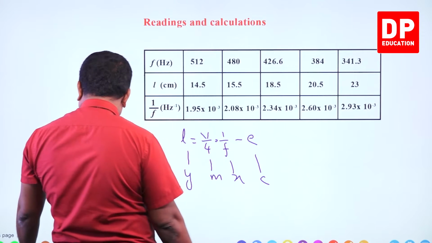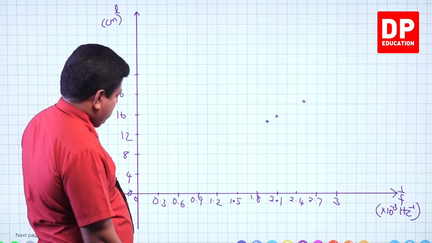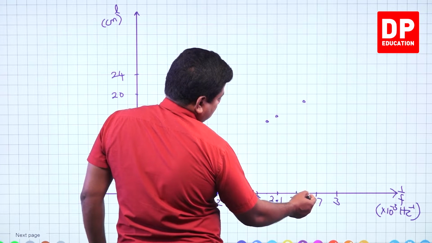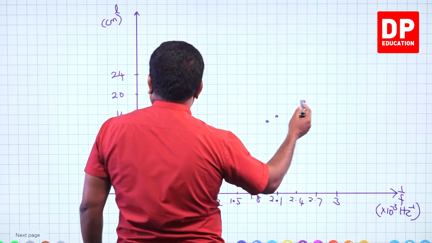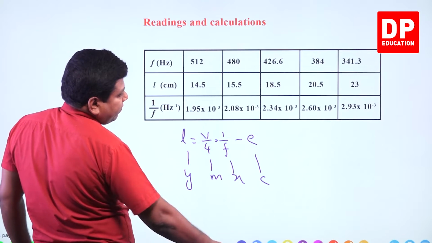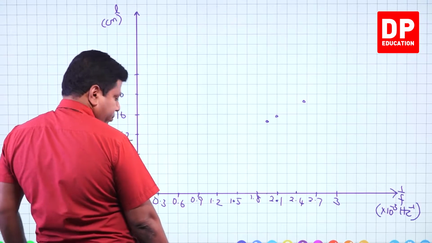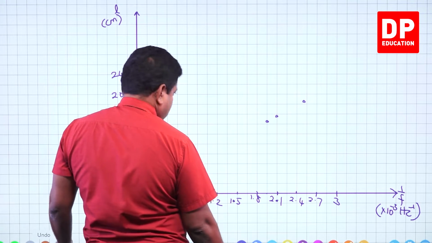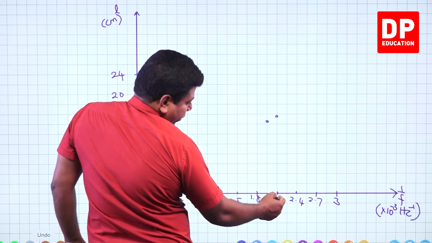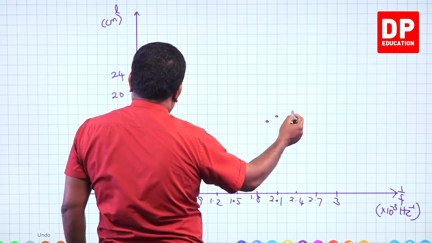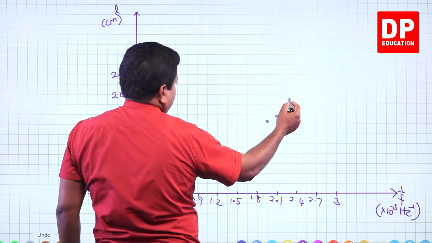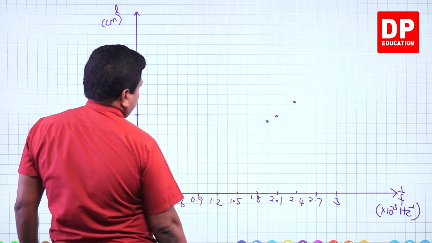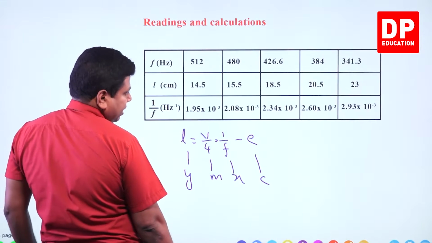Check this, 2.34, is that right? Seems we made a mistake. 2.34 is here, at 18.5, like that. Next one is 2.6, 20.5, is it?